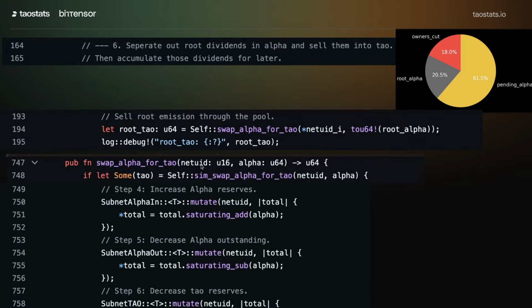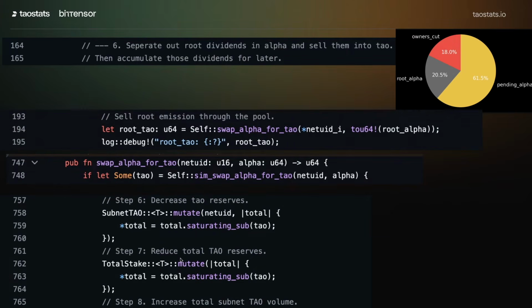Now that we've decided how much is going to be transferred, we need to adjust all of the liquidity pools. The amount of alpha out is going to decrease because we're taking alpha out and putting it into the alpha in, which increases alpha in. And then tau is coming out of the pool to be distributed to the stakeholders, so we have to reduce the amount of tau in the liquidity pool.